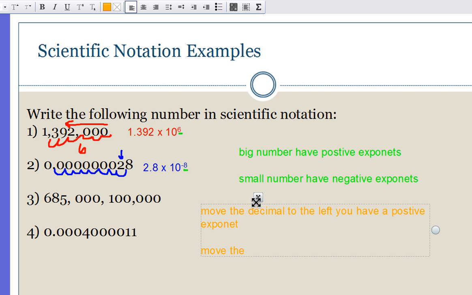If you move the decimal to the right, you have a negative exponent. Alright, so these are kind of ways to help. So let's look at this example here.